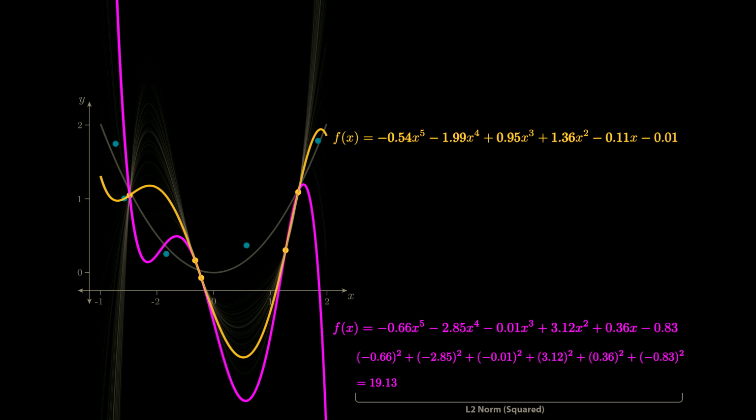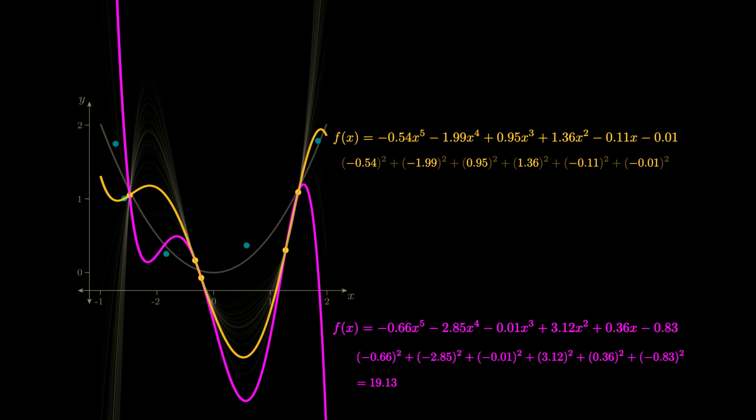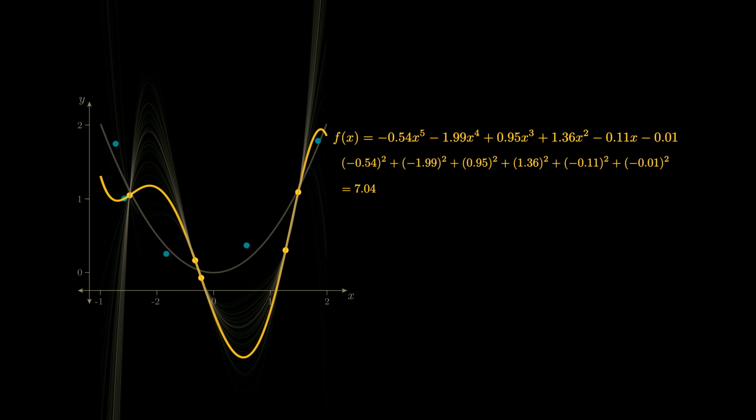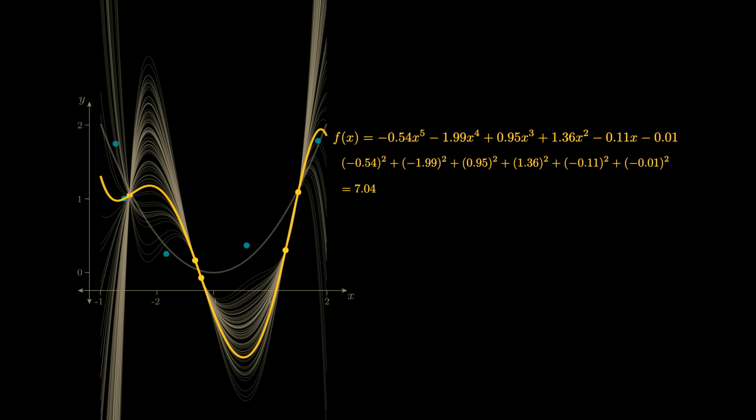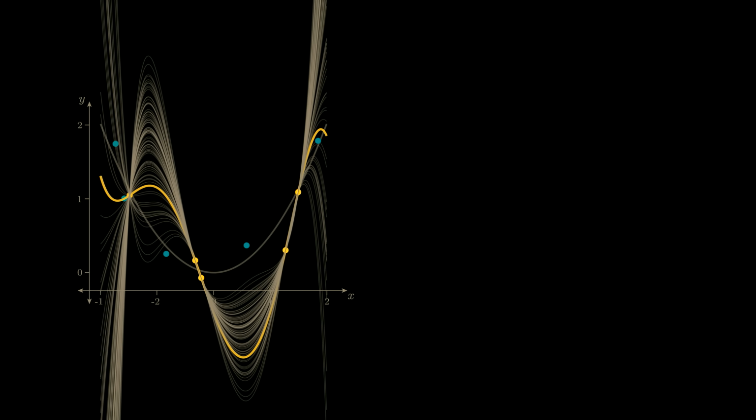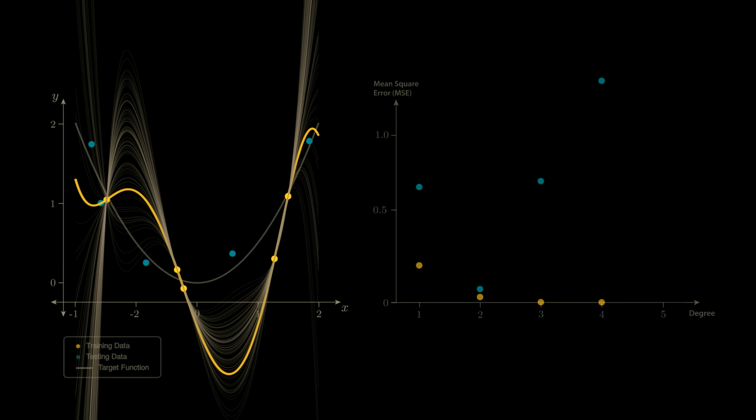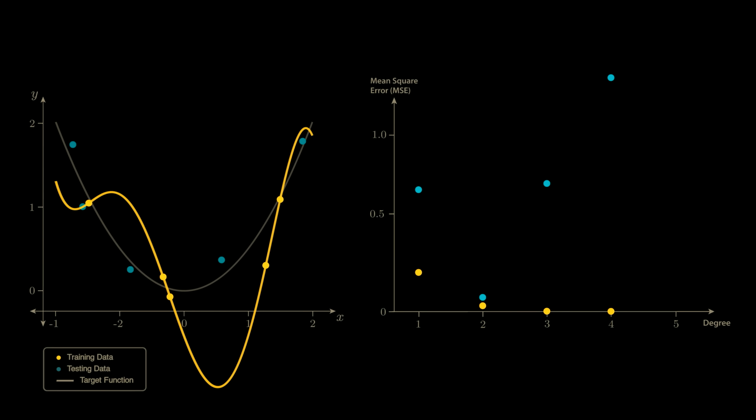This value is known as the L2 norm squared of our coefficients. Performing the same computation on our second polynomial, we get a smaller norm, 7.04. So our solver would choose our second curve over our first. Out of all the possible fifth-order curve fits, our second curve turns out to be the lowest norm solution, so this is the curve our solver would return.